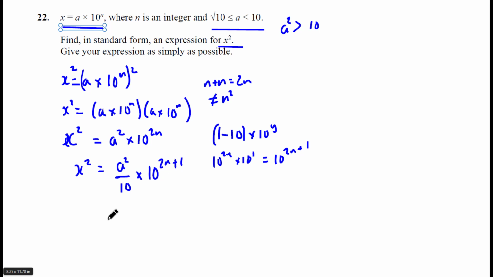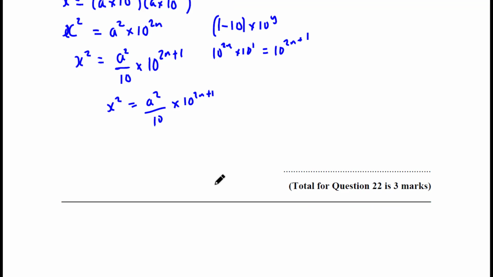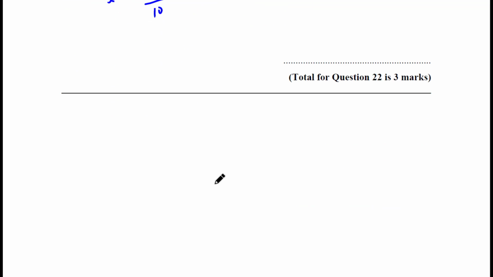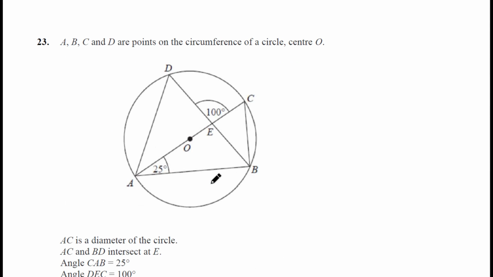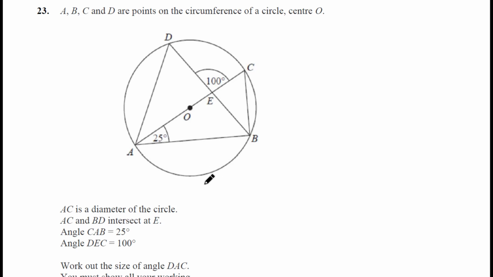So the answer in its simplest form. And we're almost on to our very last question now, but you can see all the method marks you can pick up. Let's zoom out here.